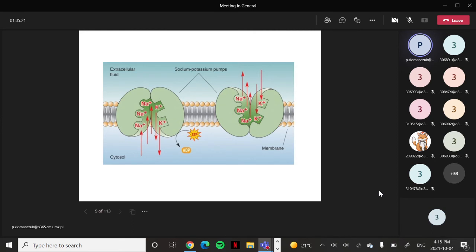This has to be taken care of, and this is done by these sodium potassium pumps as well, because each ion is transported with a so-called water coat around it. And sodium has a larger coat than potassium. So there are more molecules of water associated with a sodium ion than with a potassium ion.